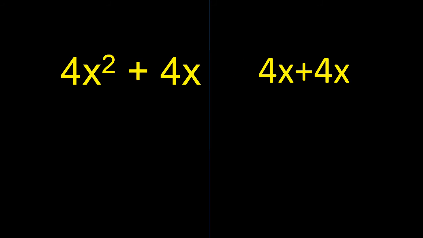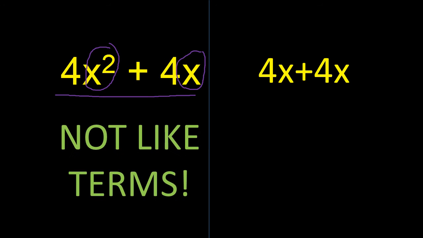Now let's take a look at 4x squared plus 4x. 4x squared and 4x are not like terms because x squared and x are two different variables. That's why these two are not like terms. And in the second statement, we have 4x plus 4x.